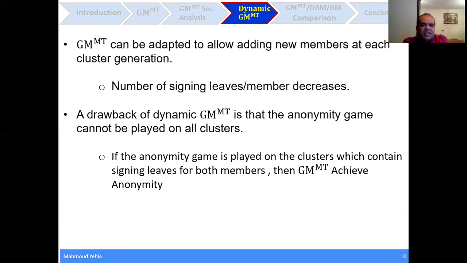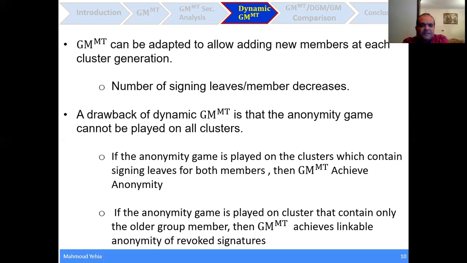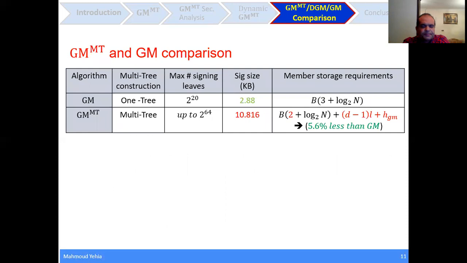In this case, the dynamic GMMT achieves anonymity. And if the anonymity game is played on the cluster that contains only the older group member, then the dynamic GMMT achieves linkable anonymity of revoked signatures.